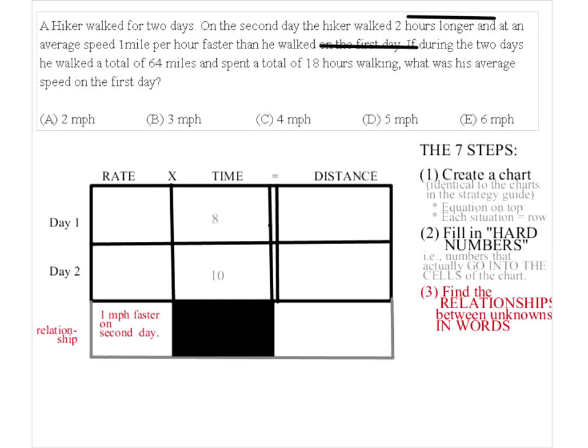What's the relationship in words over here in the text box, please? The distances. Okay, nicely done. The relationship's got to be precise. You can't just say more miles. That's a true statement. He does walk more miles on the second day because he walks longer and faster, but that's not what we mean by a relationship.